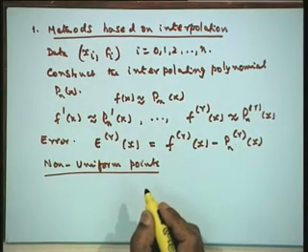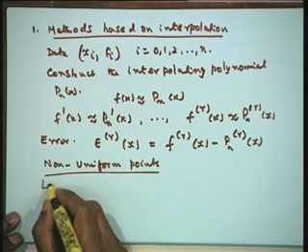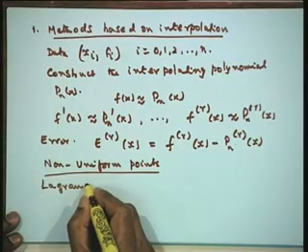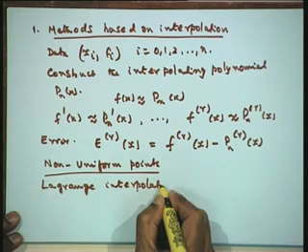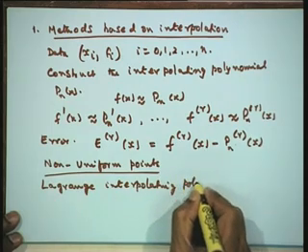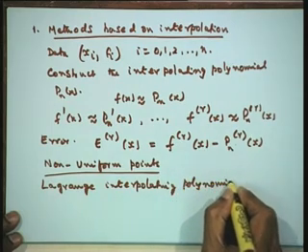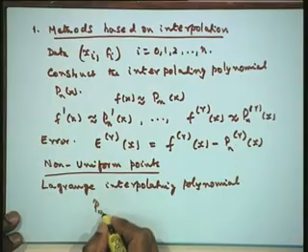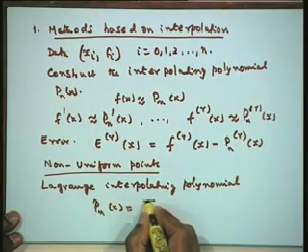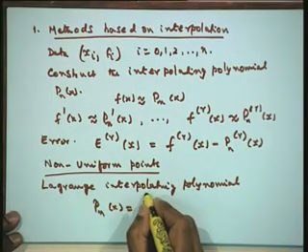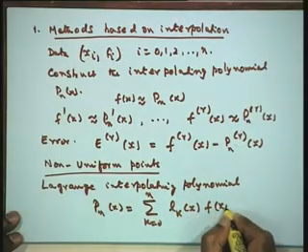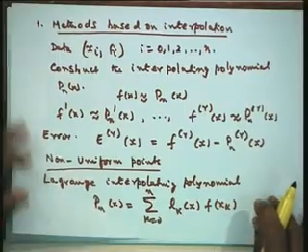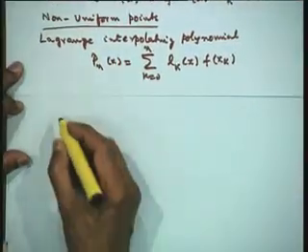Therefore, we can straight away construct the Lagrange interpolating polynomial that fits this data. We write P_n(x) equal to summation k equal to 0 to n of L_k(x) f(x_k), where L_k(x) are our Lagrange fundamental polynomials.